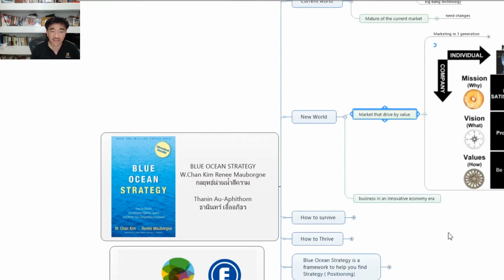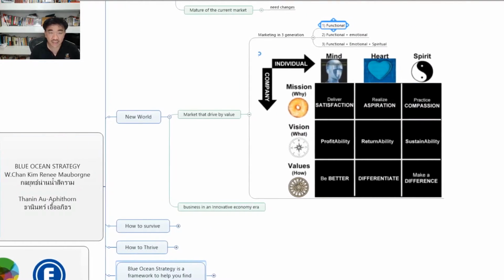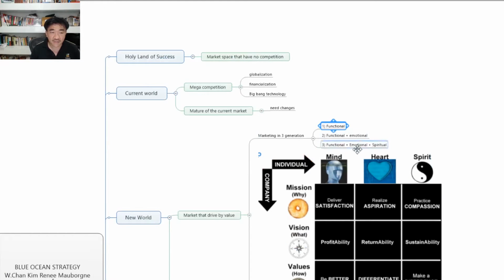A glimpse of this you can see from the three generations of marketing. The first generation of marketing is focused on functional: if you produce the product, it is already okay. Then in the second generation, you produce the product, and you need to look at the customer, what the customer wants. And the third is actually a collaboration between functional, emotional, and spiritual.